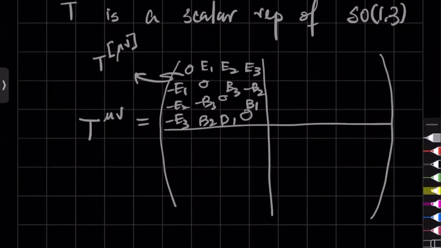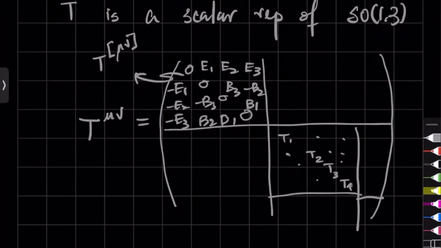And then we have another part, which will have, say, T1, T2, T3, T4, and then whatever we write here will be exactly the same here. So this will be symmetric, but T1, T2 plus T3, T4 will be 0.